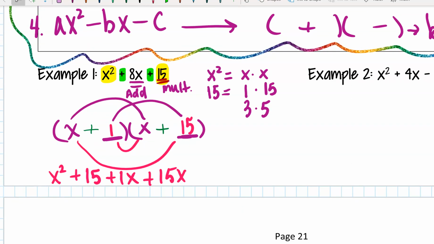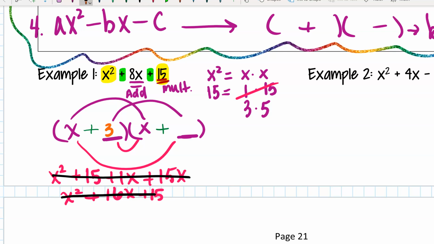When I go to simplify, I should end up with my original trinomial. Well, I end up with a 16x and not an 8x, so I chose wrong. I shouldn't have chosen my 1 and 15. So I need to check my other one. I'm going to cross out this because that's wrong, and I'm going to try again.